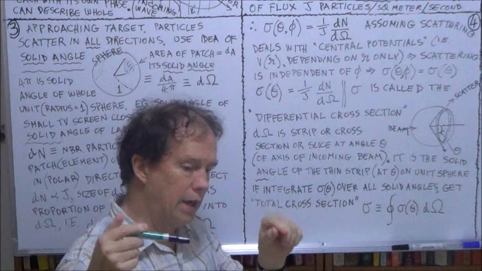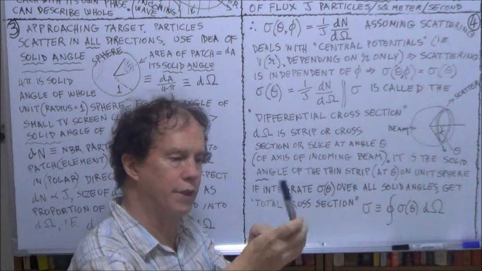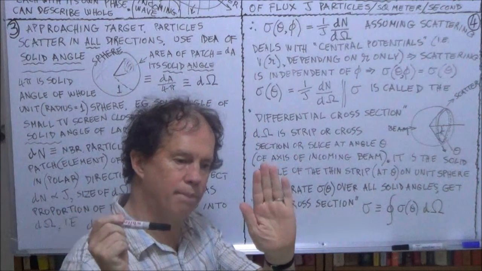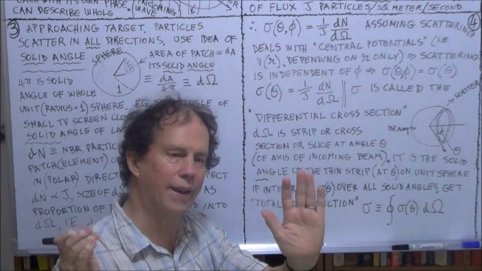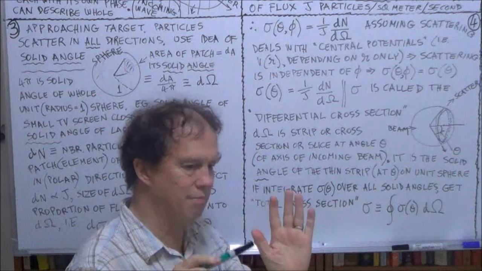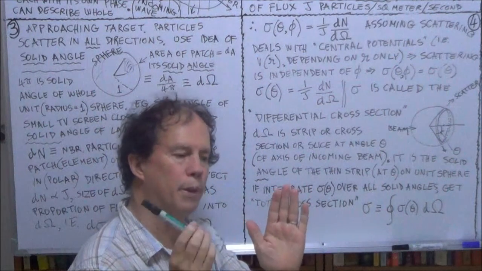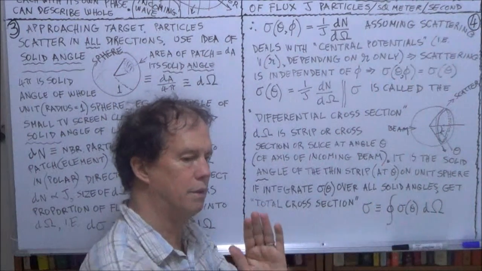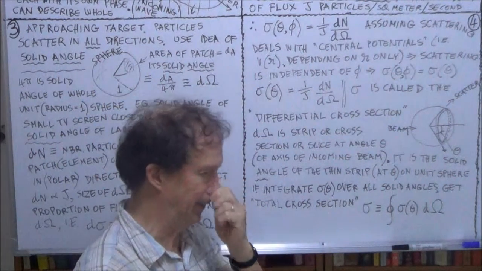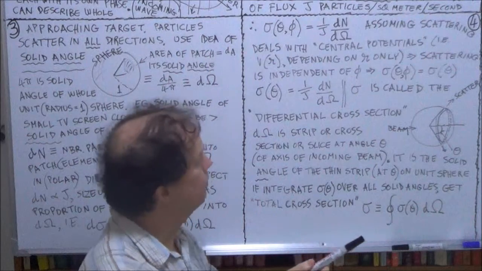And if you've got a severe scattering, like if the incoming particle hits the target dead on and then scatters right back, that's far more improbable than just getting a mild deflection or scattering.